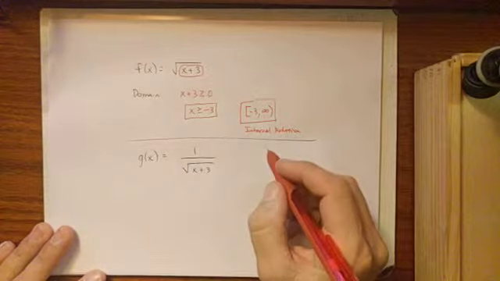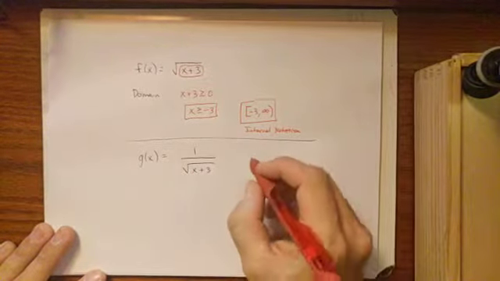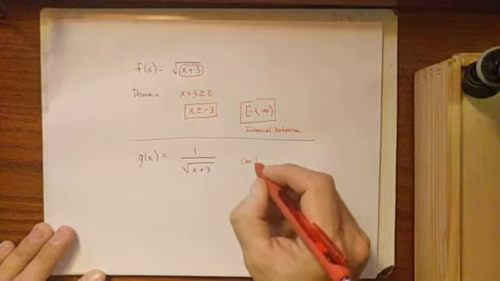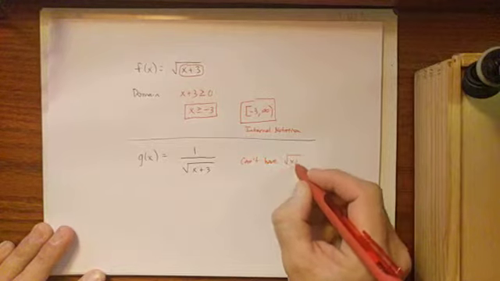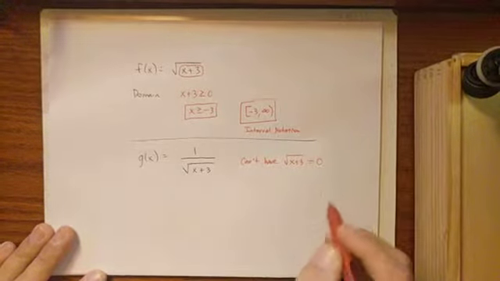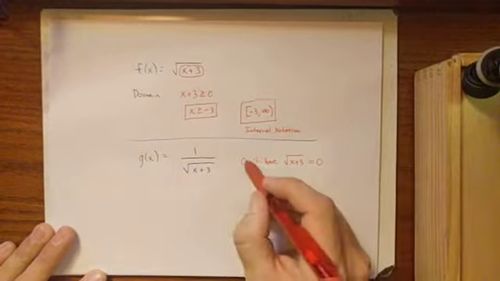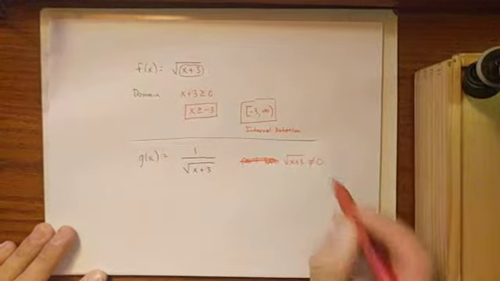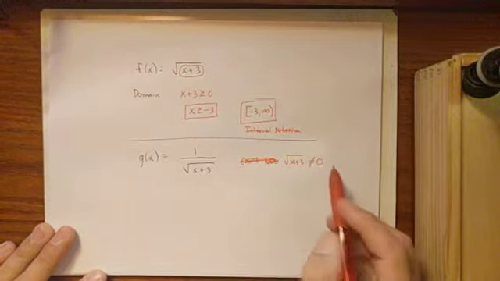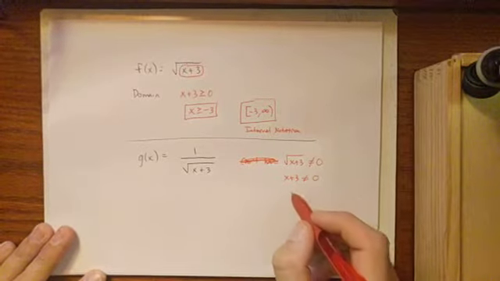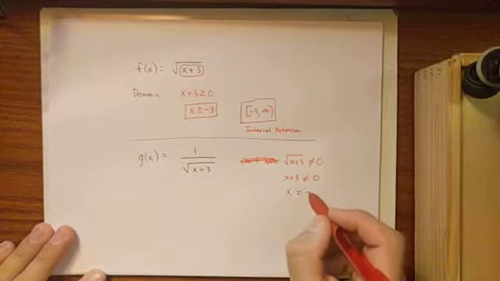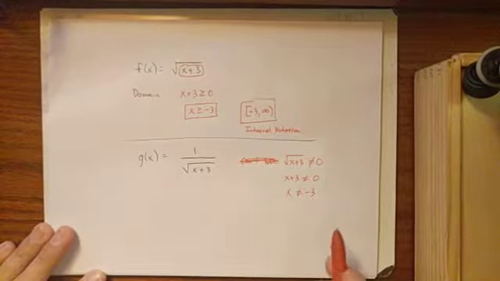So along with this, we also can't have this quantity being 0. So when we say that this cannot equal 0, you can square both sides and subtract 3, right? So x can definitely not equal -3.